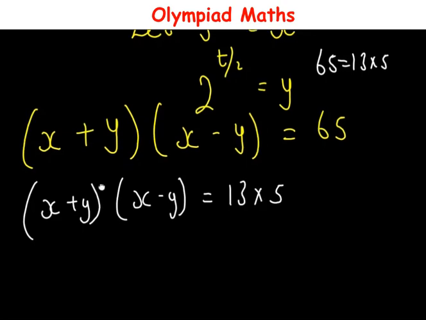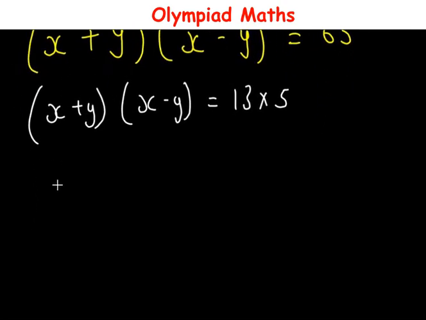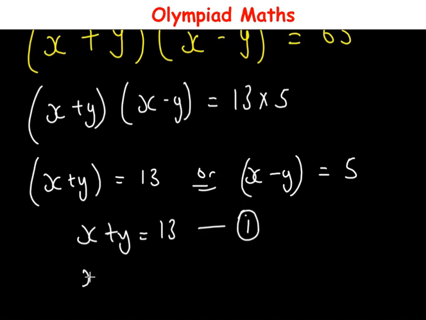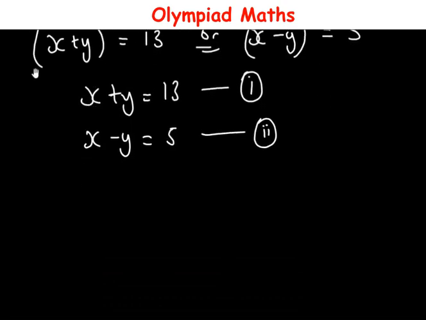With this, we can then equate, showing that we have x plus y is equal to 13, or we have x minus y is equal to 5. So from here, we have two equations. We have x plus y is equal to 13, equation 1, and we have x minus y is equal to 5, equation 2.